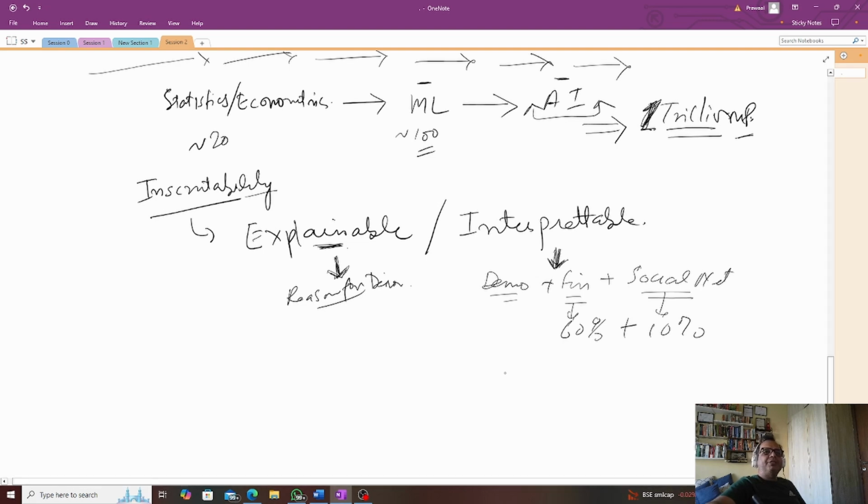That kind of information can come from social networks, and demographic data can also be important, so let's suppose this is 30%. This is how your features are weighted.